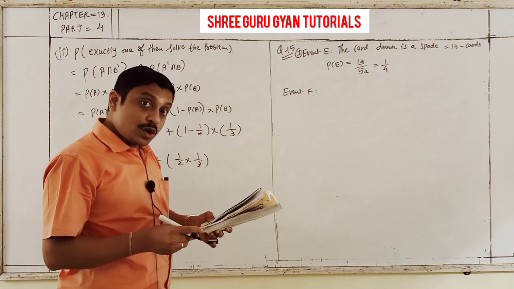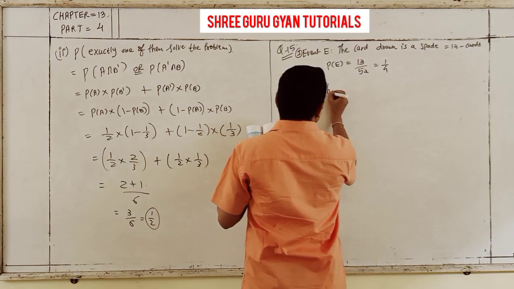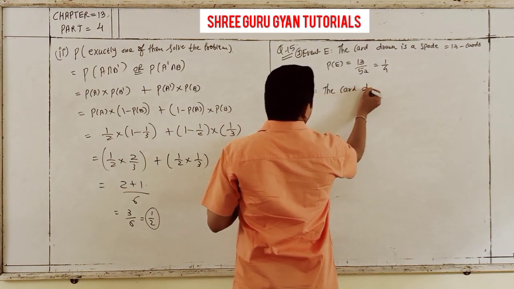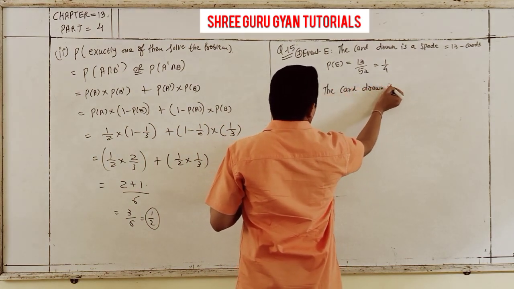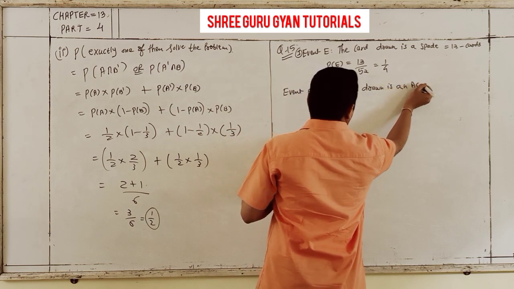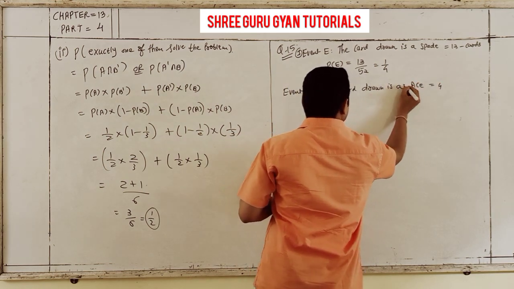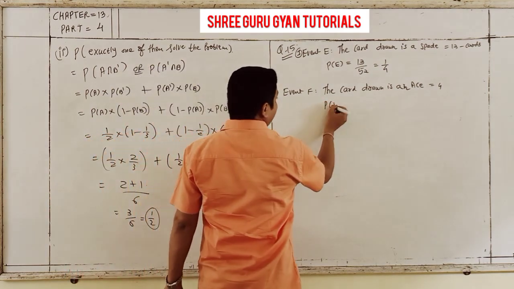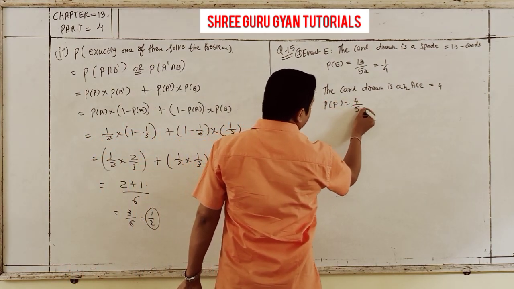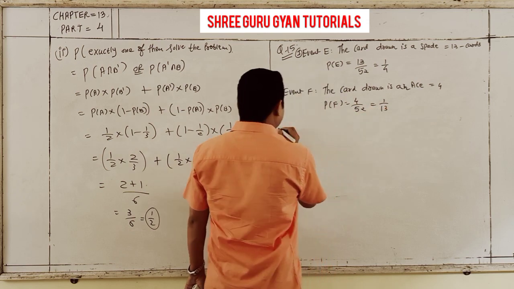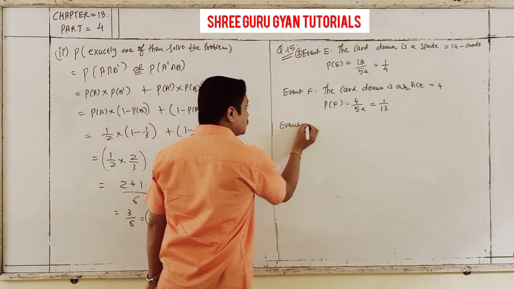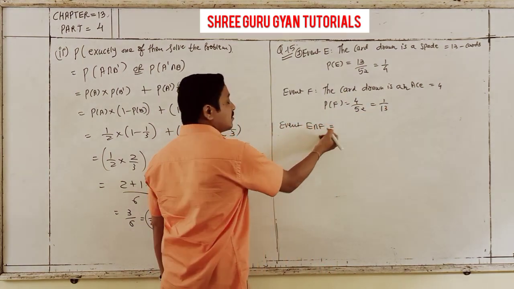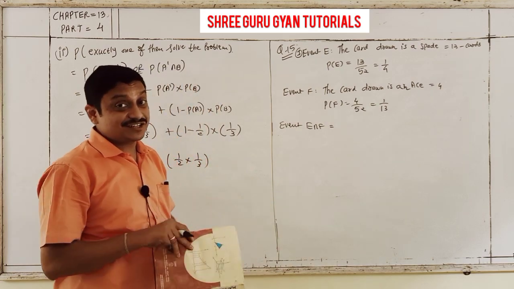Second, event F: the card drawn is an ace. So ace cards, students, only 4 cards. So probability of F is 4/52. And now event E intersection F. Both of them, find the intersection.